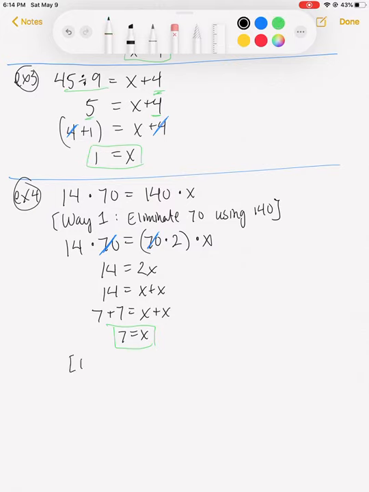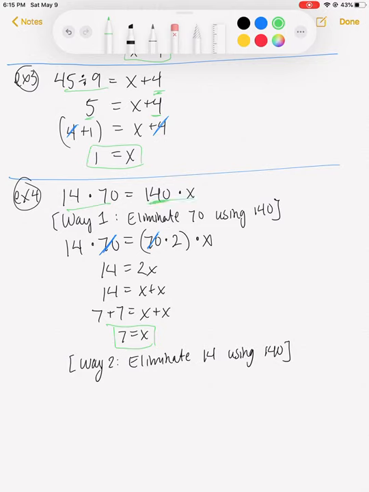Okay, here's way number 2. I can eliminate the 14 using my 140. Okay, this is how it will work here. So I'm going to start with this equation and separate my 140.